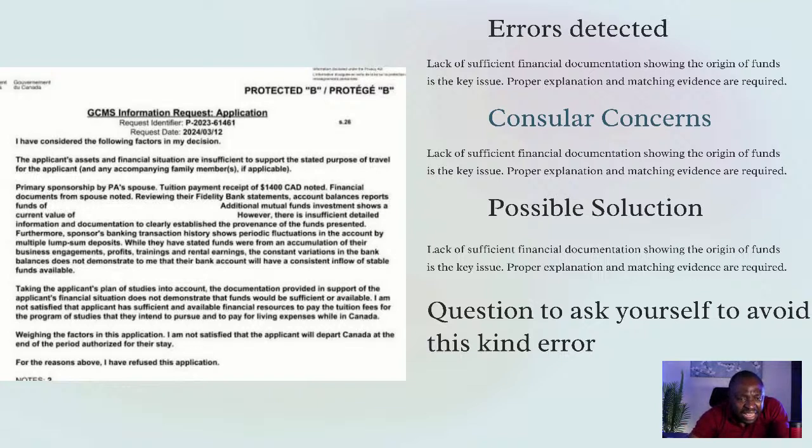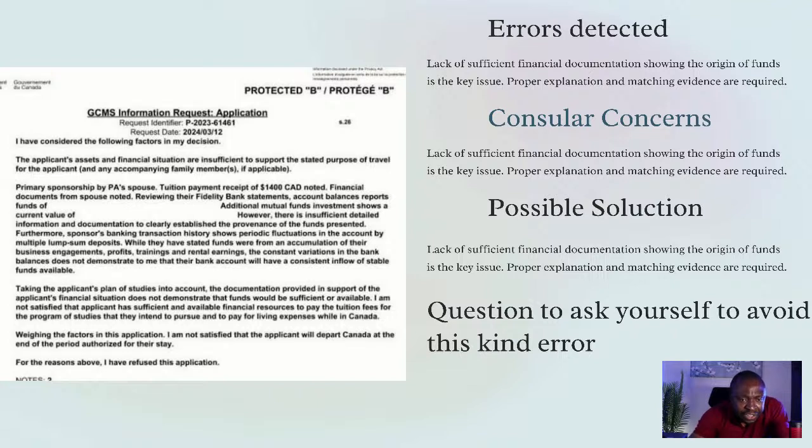However, there is insufficient detailed information and documentation to clearly establish the provenance of the funds presented. Furthermore, spouse banking transaction history shows periodic fluctuation in the account by multiple lump sum deposits, while they have stated the funds were from an accumulation of their business engagement, profits, training, rental earnings.